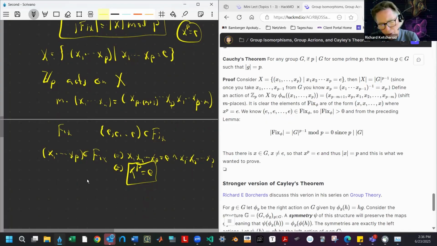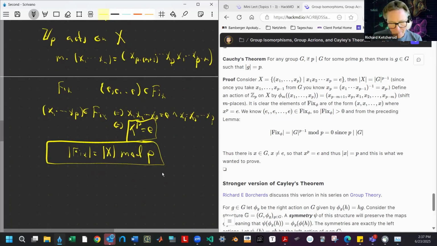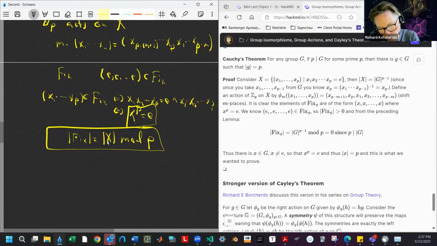But what we have above is the size of X. Actually, let me write it the other way around. So I have that the size of fix is equal to the size of X mod p. So that's what we had above, just from our general analysis. Good. So what is the size of X?